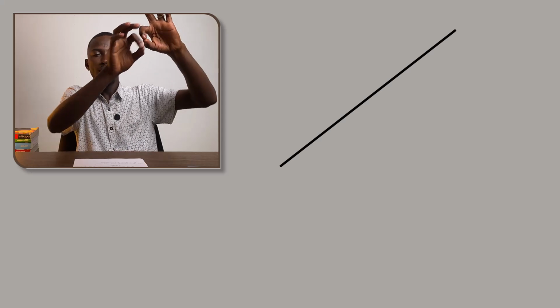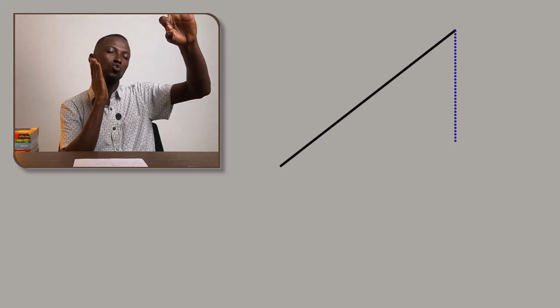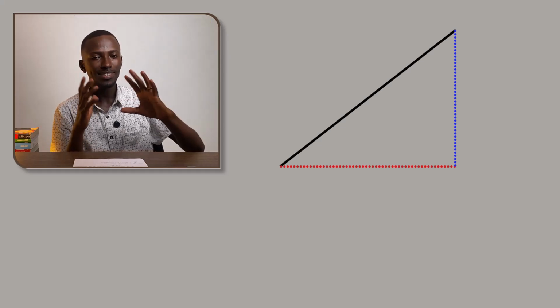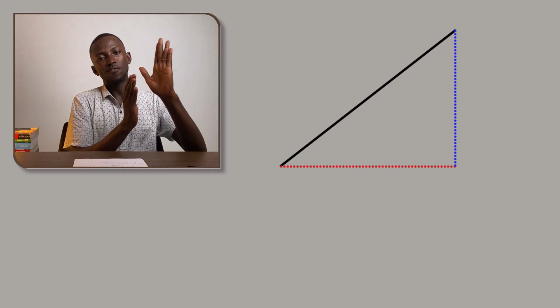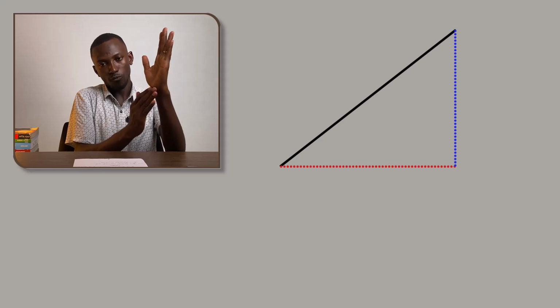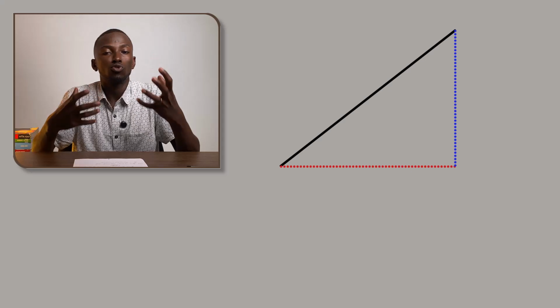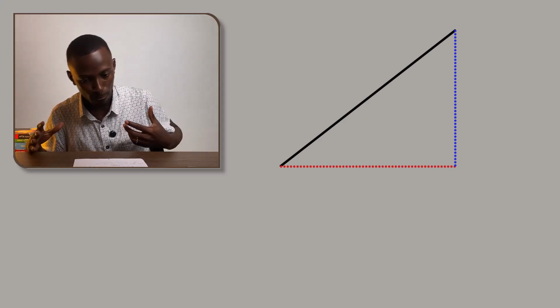What do we mean by resolving or resolution of vectors? It simply means that you've been given one vector quantity, just one. You split that one vector quantity into two perpendicular vectors, such that at the end, the overall effect of those two vectors will be equal to the effect of the original.